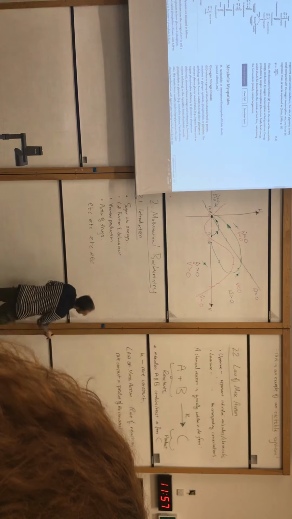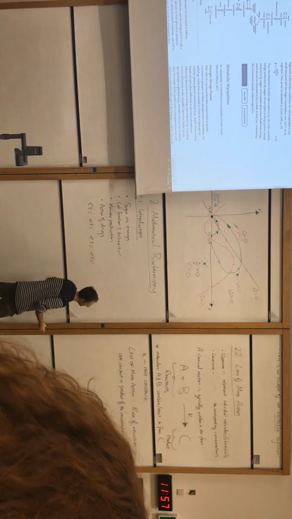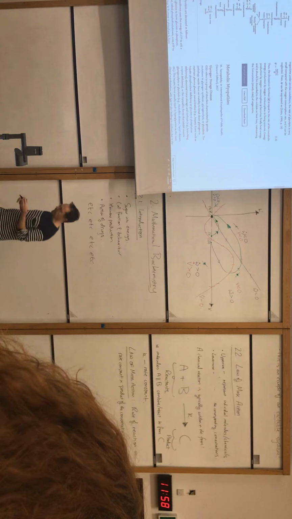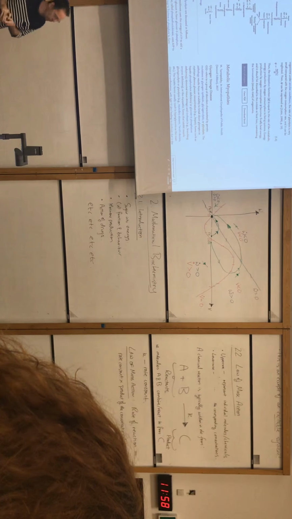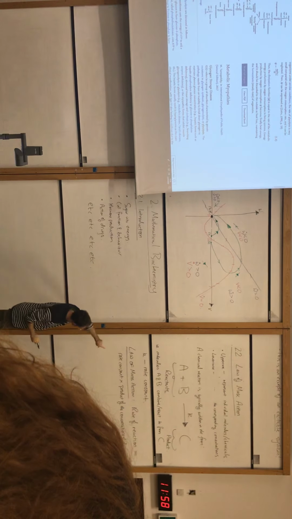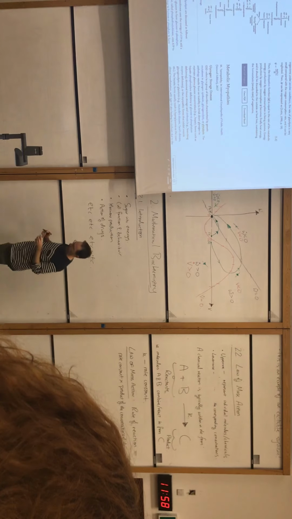The law of mass action is basically a way of taking this information and converting it down into a general rate of reaction. Very simply, it says that the rate of reaction is the rate constant times the product of the concentration of the reactants.